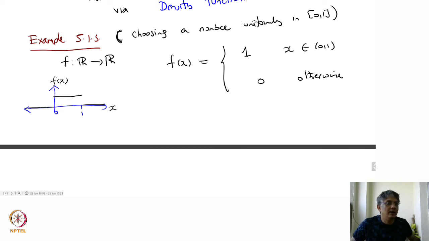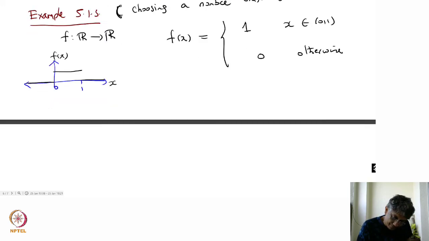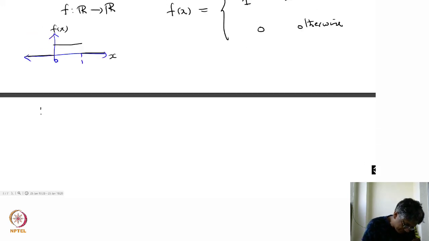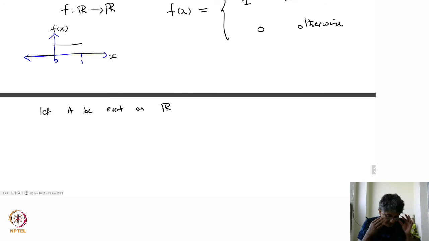So now I have to do the following: how to define probability. Let A be an event. That is, A is part of the Borel sigma field. But as far as I'm concerned, I want to think of it as an interval.